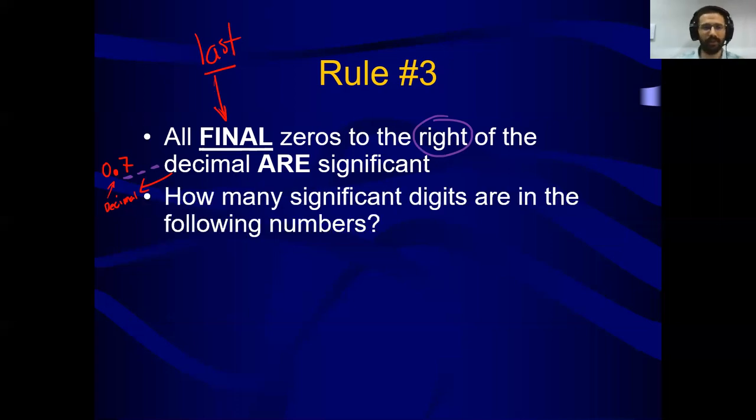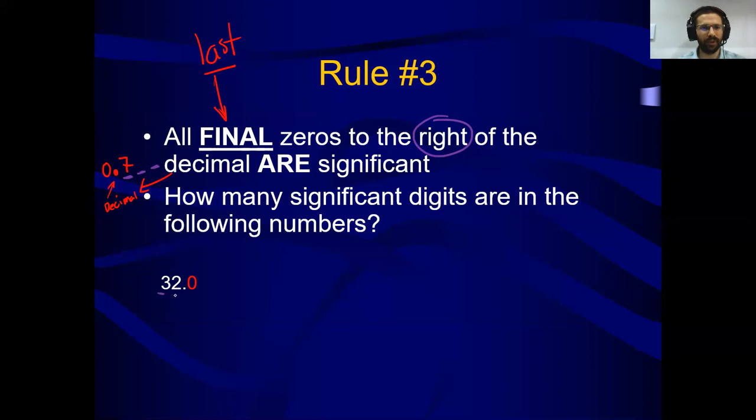Let's look at some examples. How many significant digits are in the following numbers? So remember your rule number 1, all non-zero digits are significant, meaning digit 1, digit 2, digit 3, digit 4, those are significant. If it is a 0 between digits that are significant, it is also significant. So let's look at these numbers. How many significant figures are here?